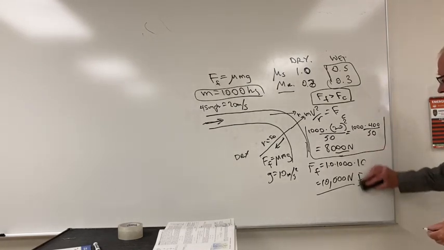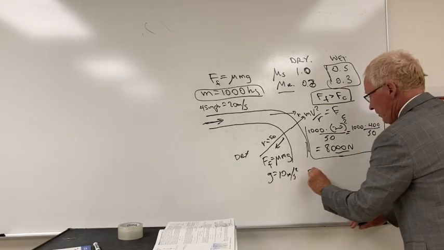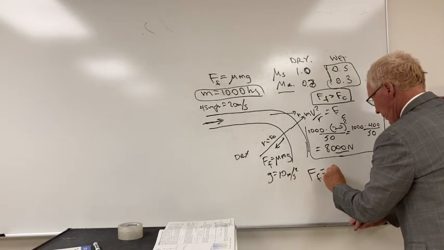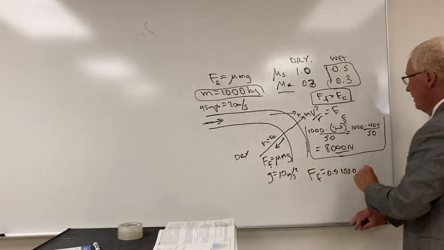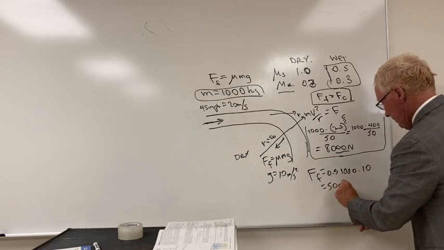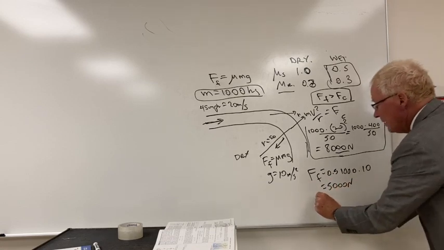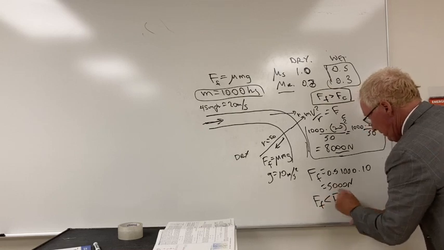But instead of mu, friction is 0.5 times 1,000 times g, 10, that's only 5,000 newtons. This is less than the centripetal force.